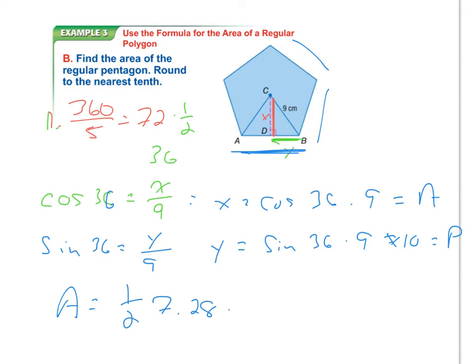My perimeter is 52.9. If I multiply all of those out, I'm going to get my area, which is 52.9 times 7.28 times 1/2. And I should have an area of 192.56. And there it is.